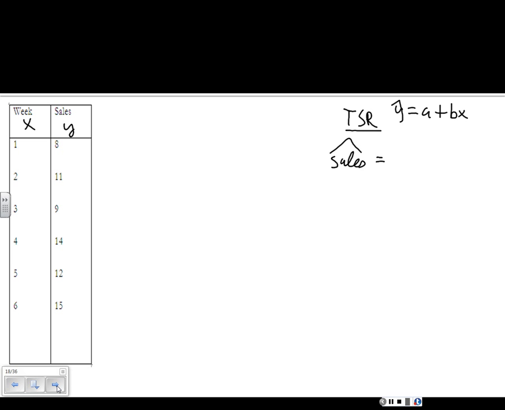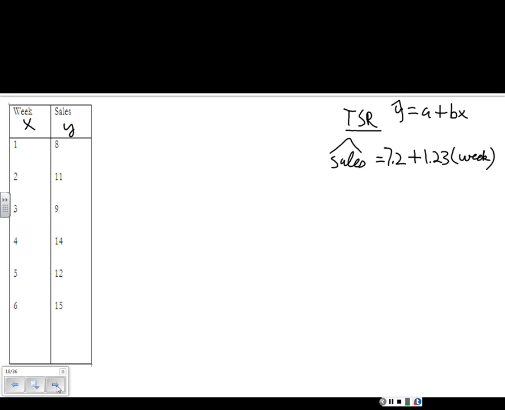Okay, I think actually I might have taken this data out already. But anyway, you should get 7.2 plus 1.23 times X, which is which week you're in. And we're forecasting for the 7th week.